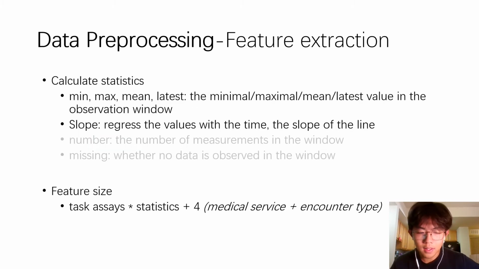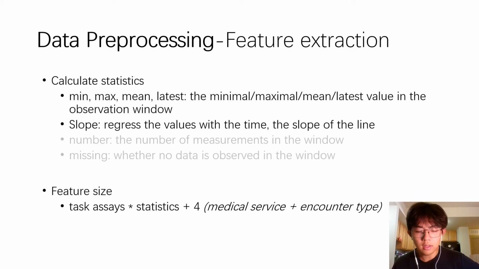We also calculated some statistics of the selected lab tests in the observation window and used them as features. Some basic ones are the minimal, the maximal, the average, and the latest value of the observation window. And besides, we also regress the lab test values with the time and calculate the slope of the line as a feature.